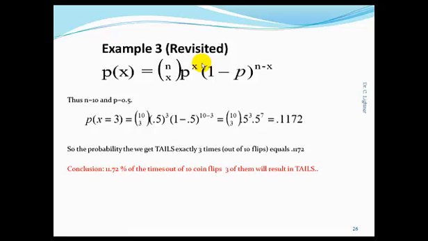On the previous slides, we found that n equals 10, p equals 0.5, and x equals 3 for this problem. Therefore, we should insert these values into our binomial formula.